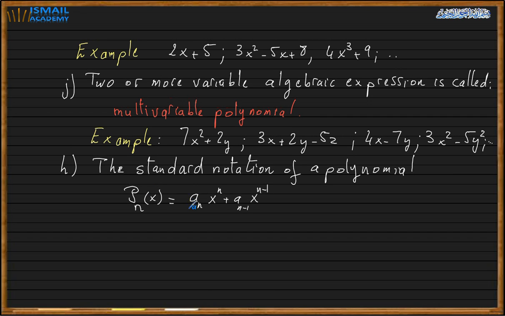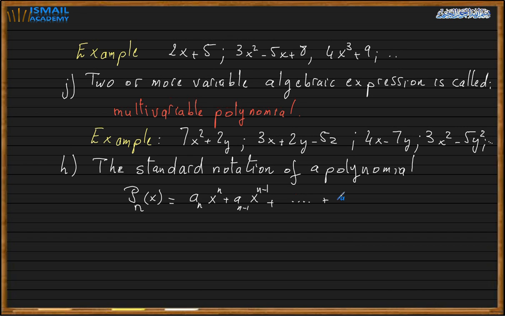They can be positive or negative. It can be any real number. So we always go from the highest exponent to the lowest exponent, down to 0. So this is the constant.